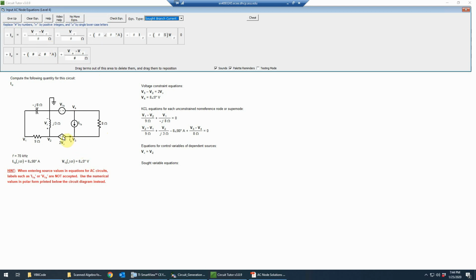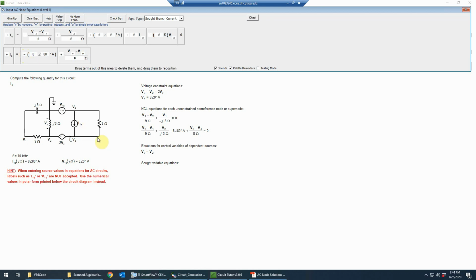I naught is going to go partly this way and partly this way, so this will actually be opposite to the direction of I naught. So we need to subtract the value of that current source, because this arrow implies going this way, which is the negative of the reference arrow direction. The I1S then is 8 angle 80 degrees, so we fill that in. But again, it's very important to have the correct sign there, and that's going to be negative in this case.